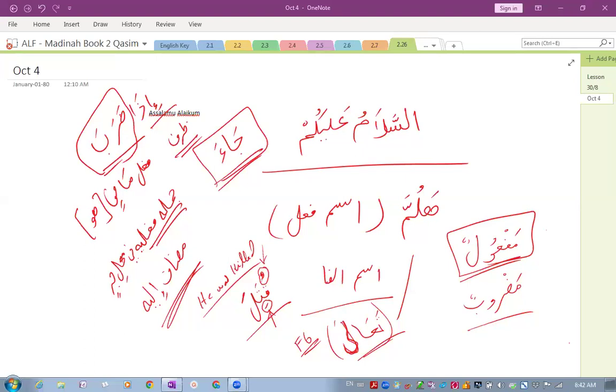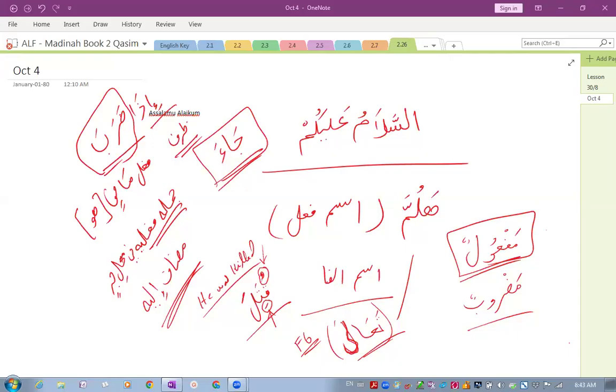The question that comes to my mind now is when we read قتل الإنسان ما أكفره. So قتل is the majhul form, right? Is أكفره the تعجبية?